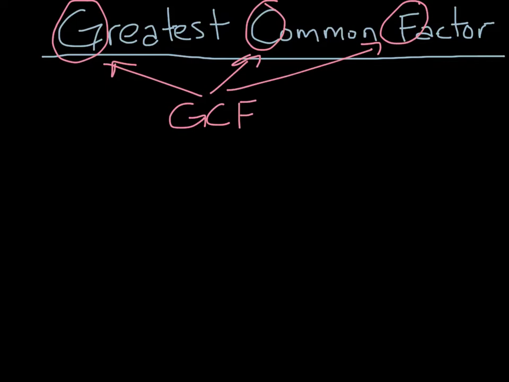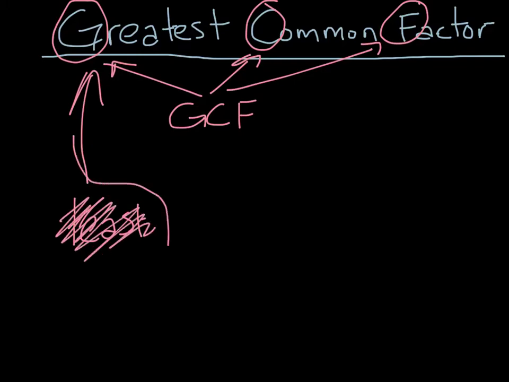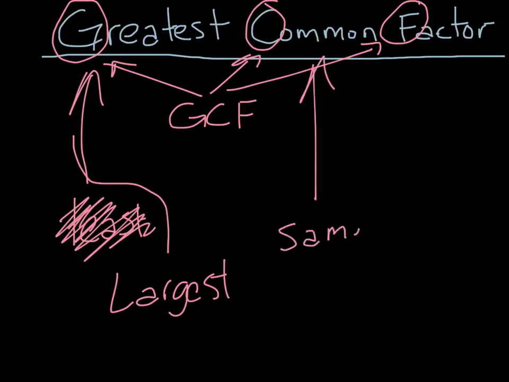So, alright, greatest common factor. Let's think about what this means. Well, greatest is a synonym for least. No, it's an antonym for least. Greatest is a synonym for largest. Common basically means the same.